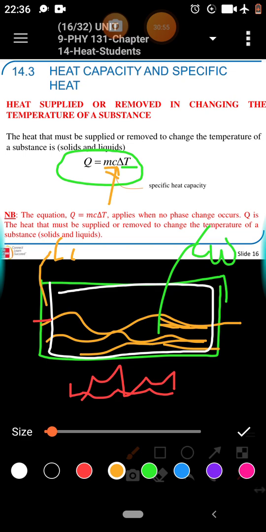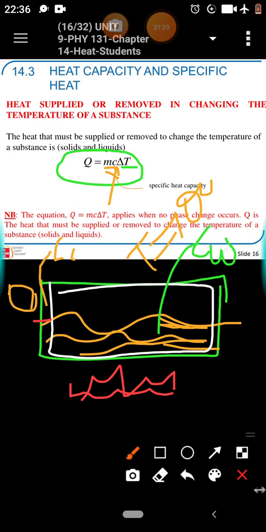You'll know the temperature of the pot, maybe it would be 0, and the temperature of the water would be 100. So you know the temperature difference, and then you calculate the amount of heat that would be supplied to that pot to make it hot, to make the two be balanced, at the same temperature.